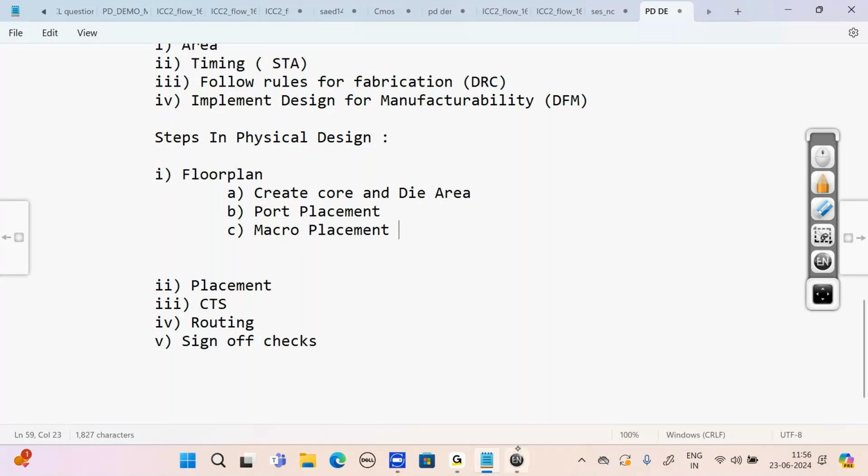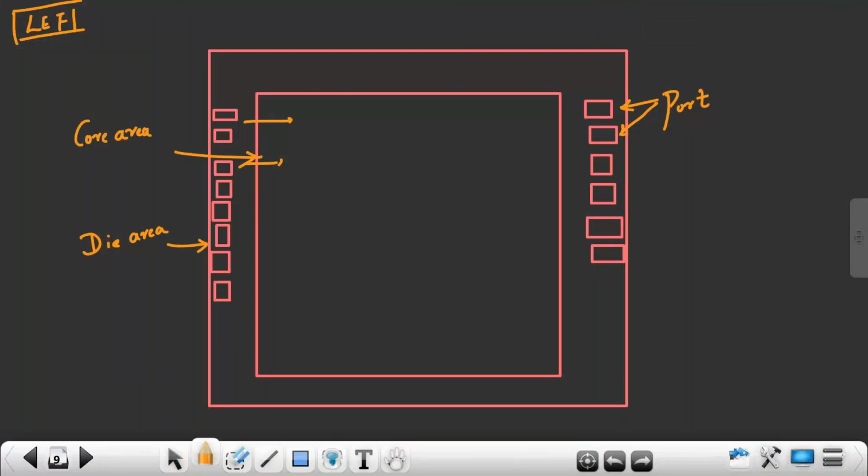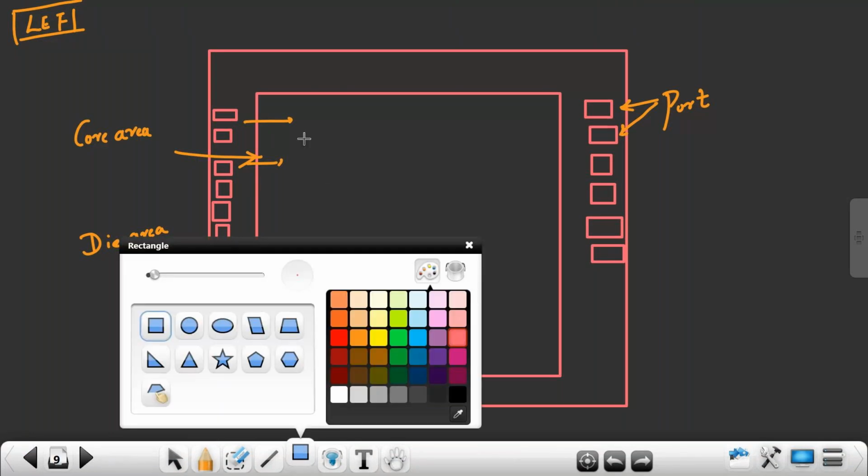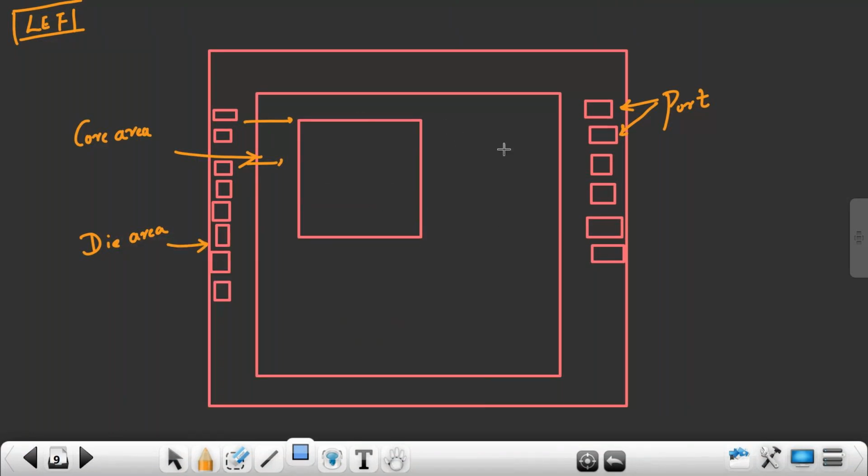See, macros are the previous layouts. Macros are not small designs, they are bigger designs which can be reused. Previous designs can be reused. For example, I have a previous IC where few blocks are the same. That layout I will reuse. This bigger design will have some standard cells inside. For this, I will not write the RTL. I will not do synthesis. Directly, I will use the layout of bigger designs.